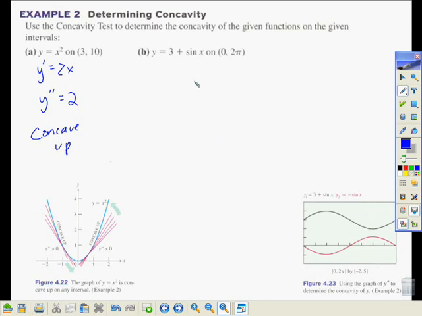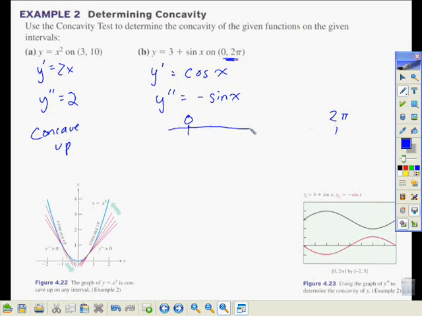On the next one, 3 plus sine of x. Okay, so y prime will give me cosine of x. The second derivative, negative sine of x. And so looking on this interval, so we'll start with endpoints at 0 and 2 pi.